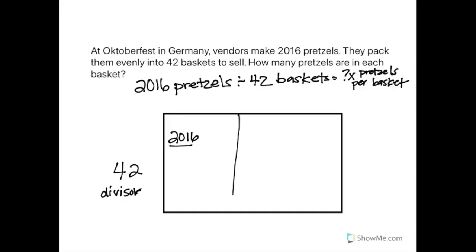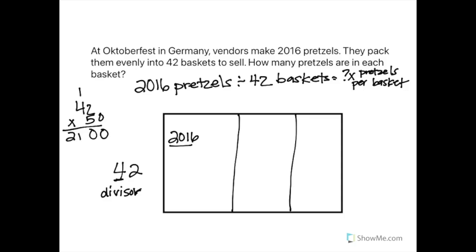So I need to use my estimation skills. So I know 4 times 5 gets me close to 20. So I'm going to use that as a starting point. So 42 times 5. I'm using the tens place to get me near the first ballpark. So 42 times 5 is 210.